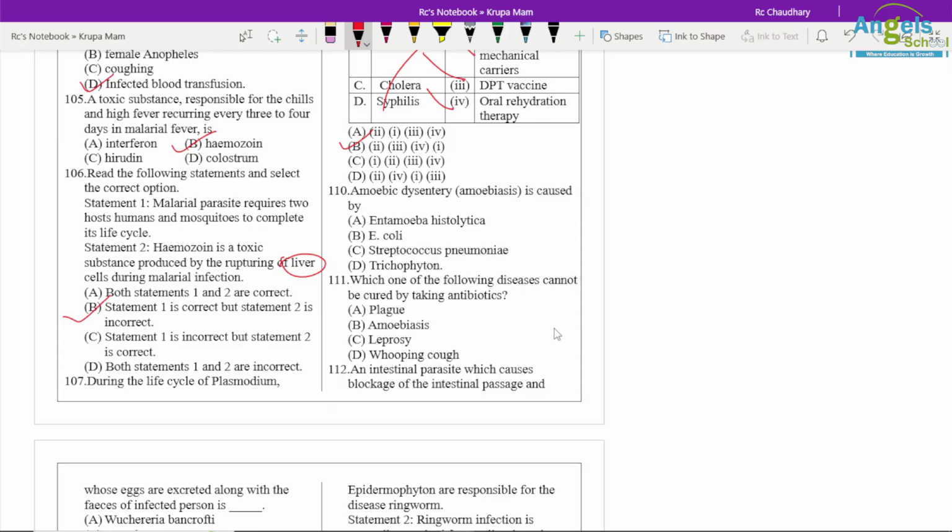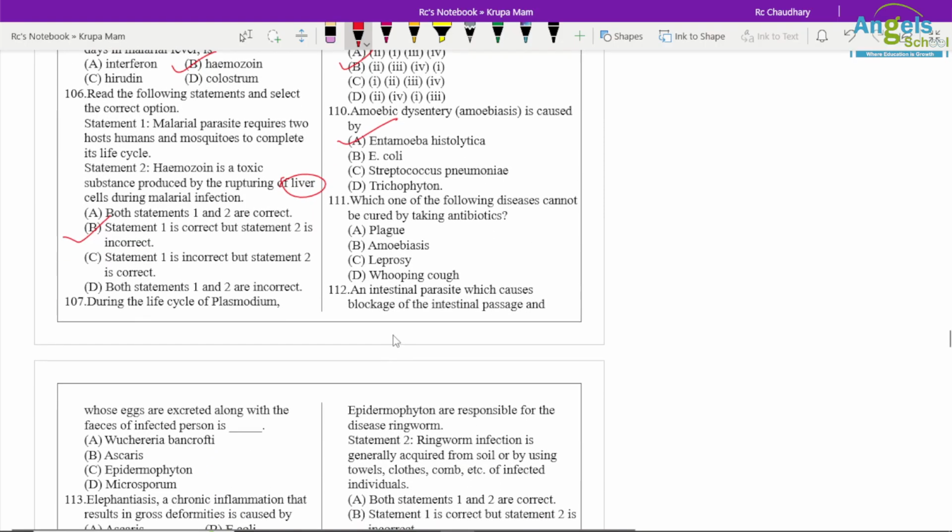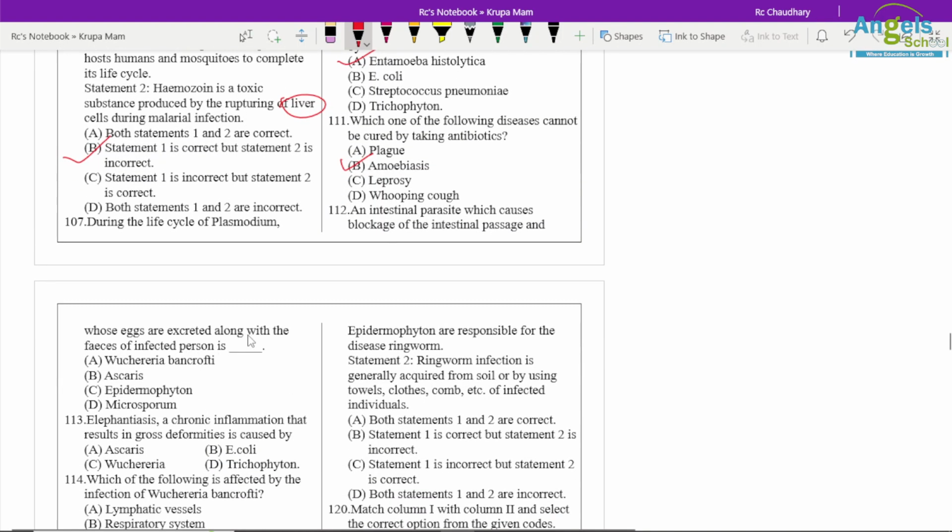Amoebic dysentery or amoebiasis is caused by Entamoeba histolytica. Which of the following diseases cannot be cured by taking antibiotic? So non-bacterial diseases are not cured by antibiotic. Amoebiasis. An intestinal parasite which causes blockage of intestinal passage and whose eggs are excreted.